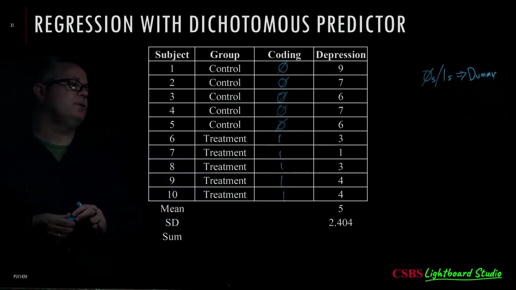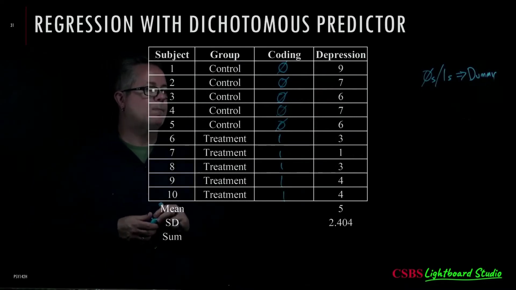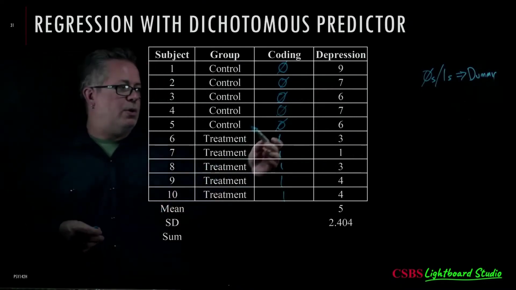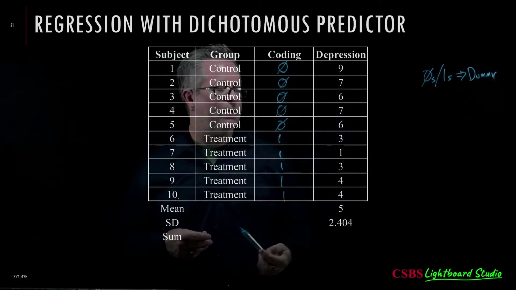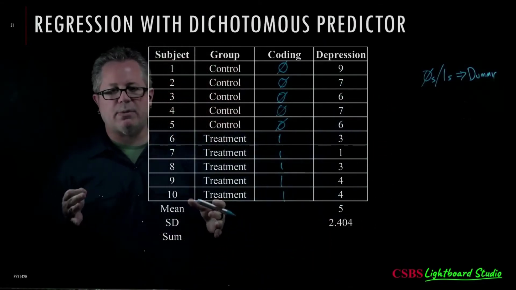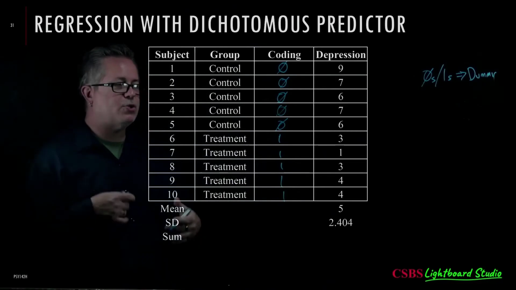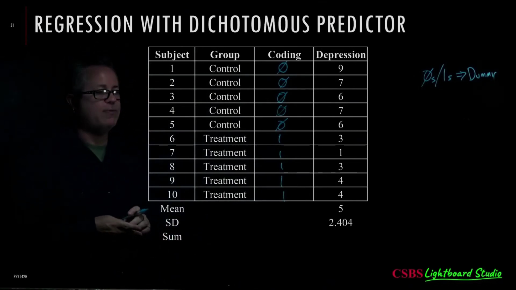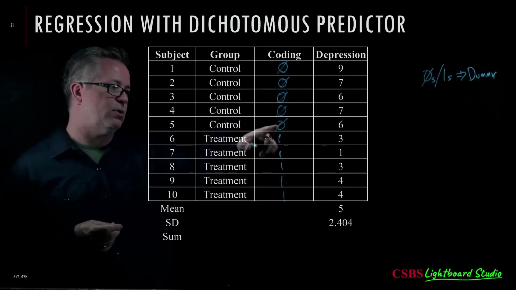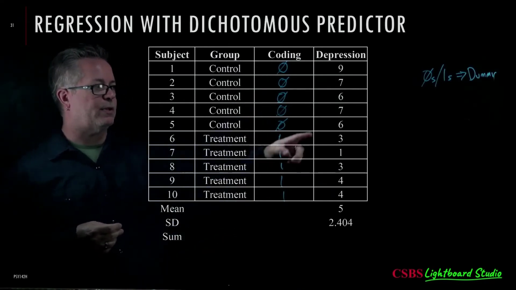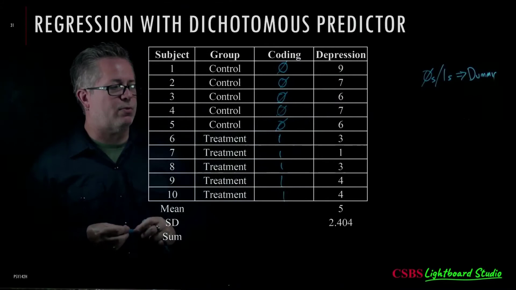How else could I do this? So here, having this predict this outcome, what would I expect of my slope? I don't mean the number, but what things could I expect of my slope if I do it this way? If I code control 0 and treatment 1, given the depression outcomes, what would I expect of the slope?